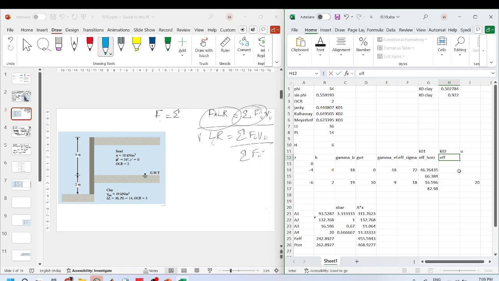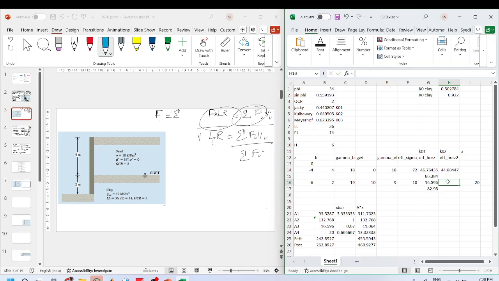So we will take the effective horizontal stress to be this into Meyerhof.